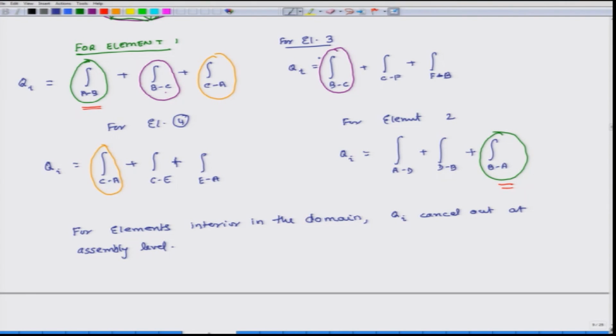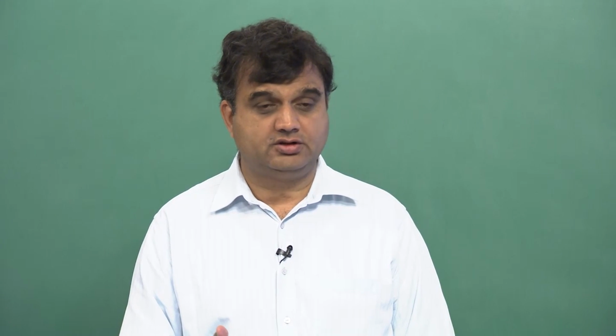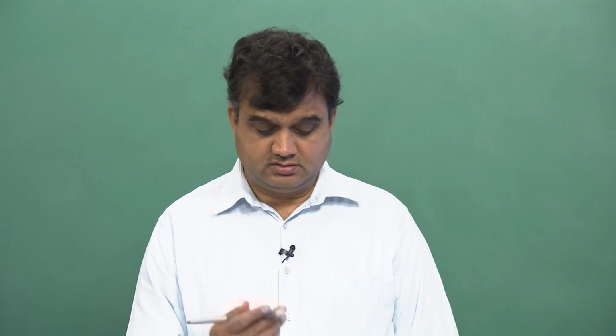They cancel out at the assembly level. So, if they are going to cancel out at the assembly level, then what is the point of calculating those boundary terms, right? There is no point in calculating those boundary terms for interior elements.